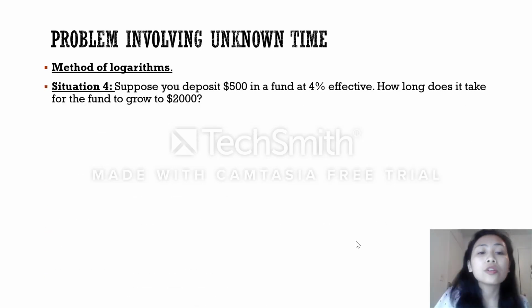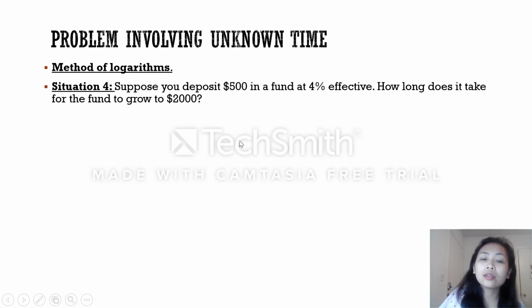Situation 4. Suppose you deposit $500 in a fund at 4% effective. How long does it take for the fund to grow to $2,000? So here we have $500, and that is the money that we deposited at time 0.